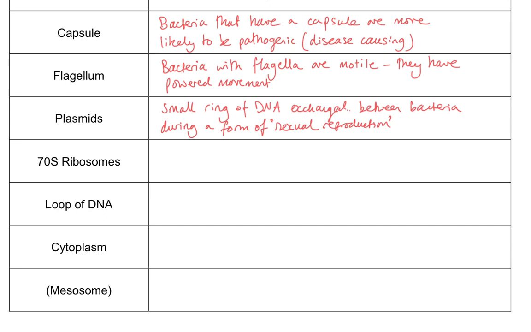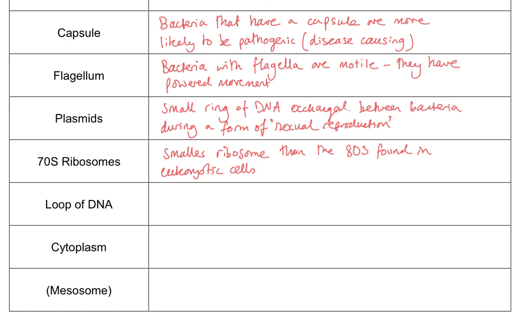Next is our 70S ribosomes. So these are a smaller ribosome than the 80S found in eukaryotic cells. Again, that's a bit of a lie, because remember, mitochondria also have 70S ribosomes, but they are within an organelle within a cell.